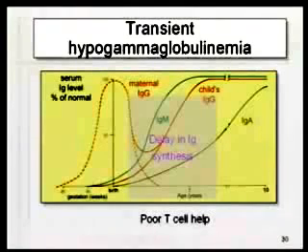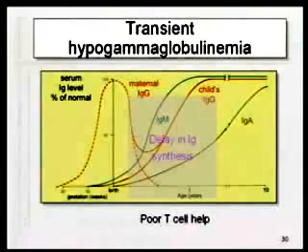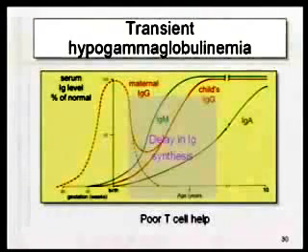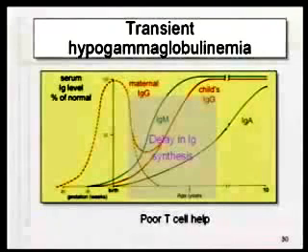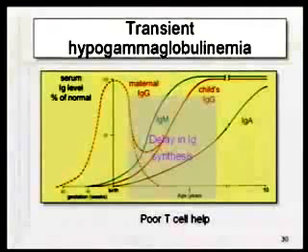But some children have some defects, which are not very well characterized and defined, that cause a delay in this process of immunoglobulin synthesis by their own cells. Consequently, during this window between 6 months and a year or 2 years, they have very low immunoglobulin levels.